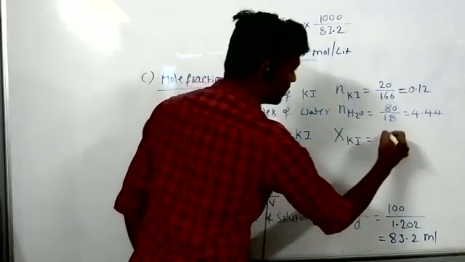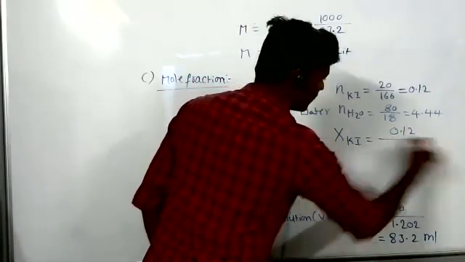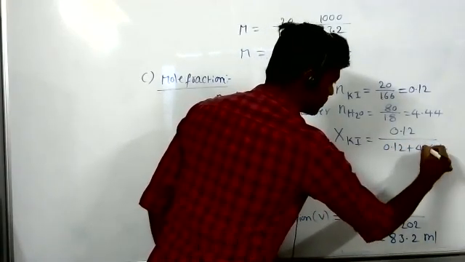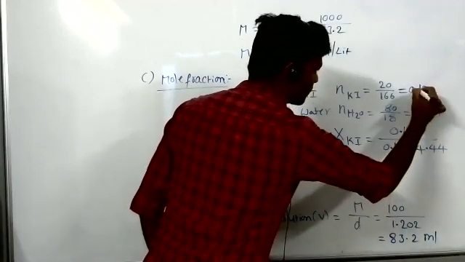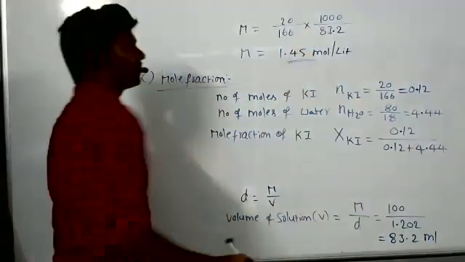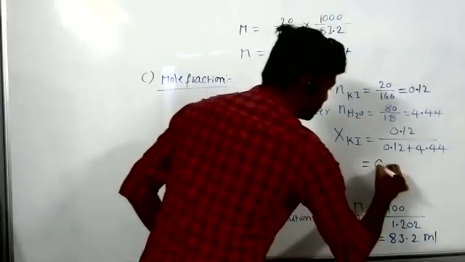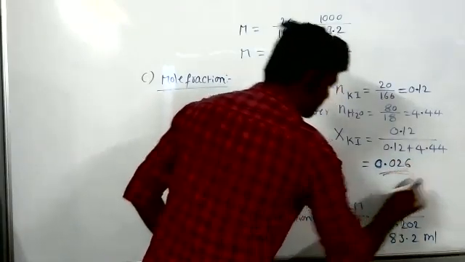Just a second. It is equal to 0.12 divided by 0.12 plus 4.44, which gives 0.026. Yeah, 0.026, not having any units.